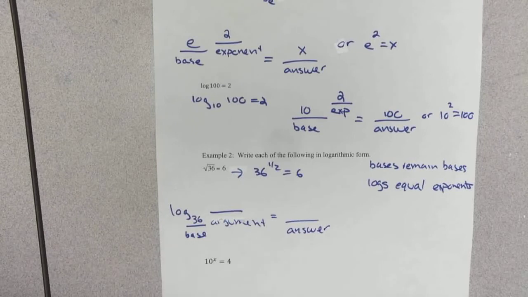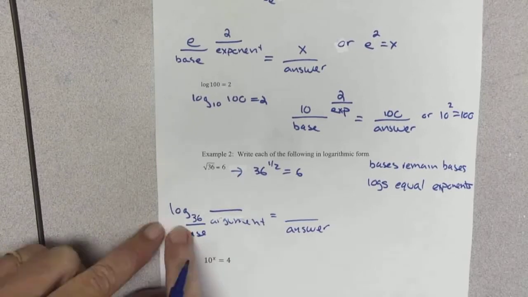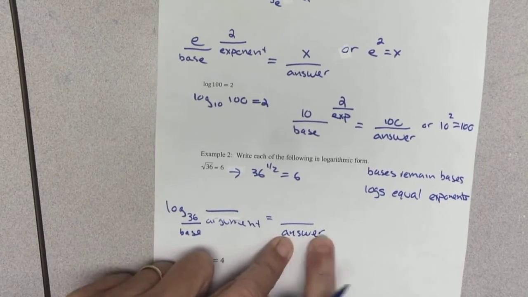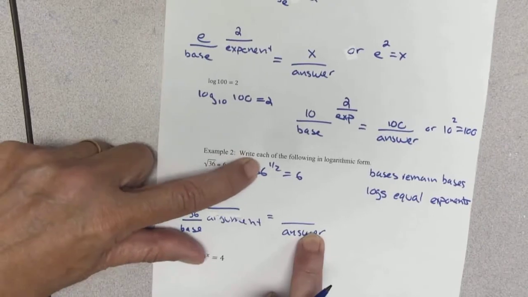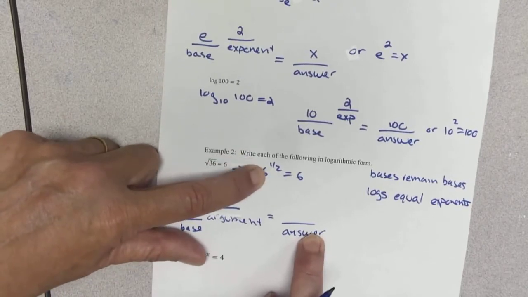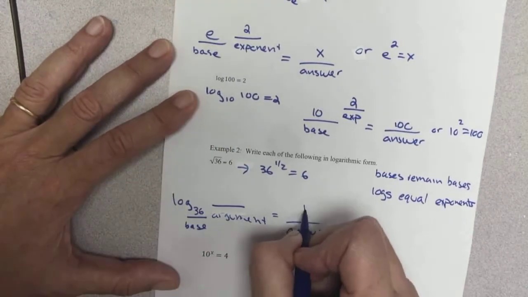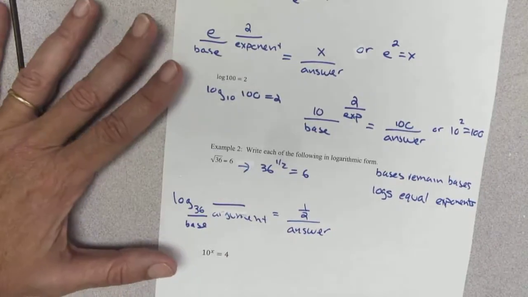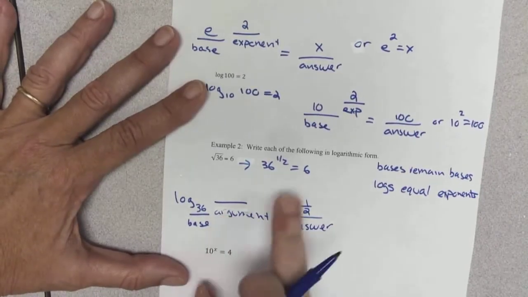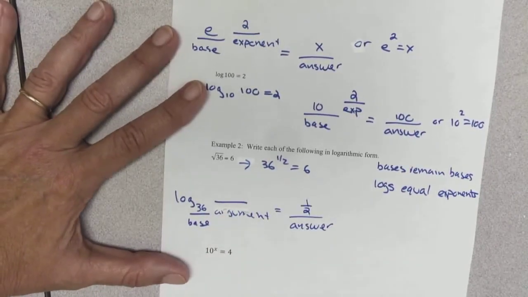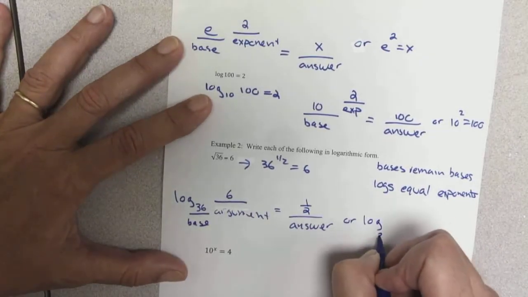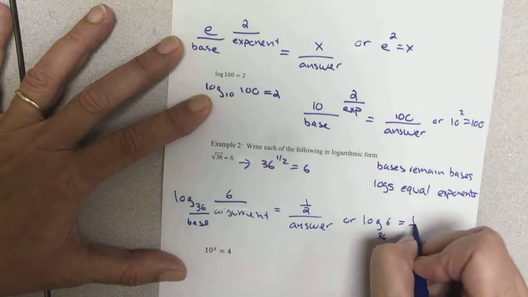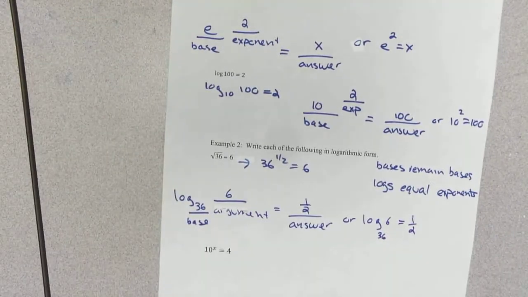Logarithms equal exponents. So what is my logarithm equal to? It's equal to this answer over here. What's my exponent? My exponent is 1/2. So my log has to be equal to 1/2. Then I've got one blank left and one number. So my argument must be 6, or log base 36 of 6 equals 1/2.